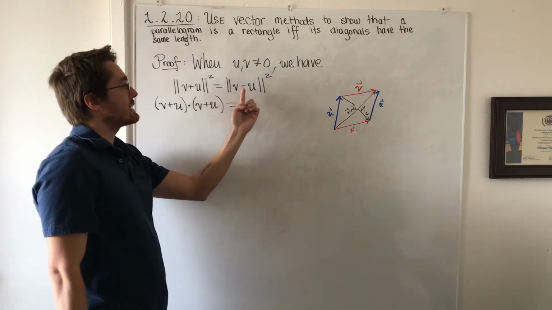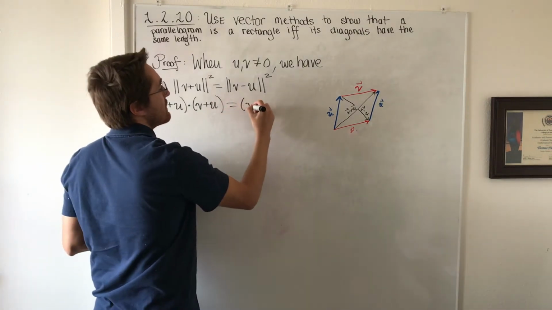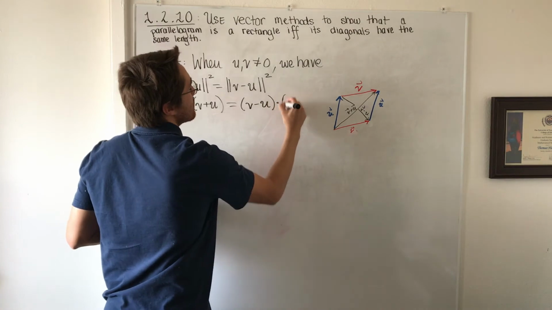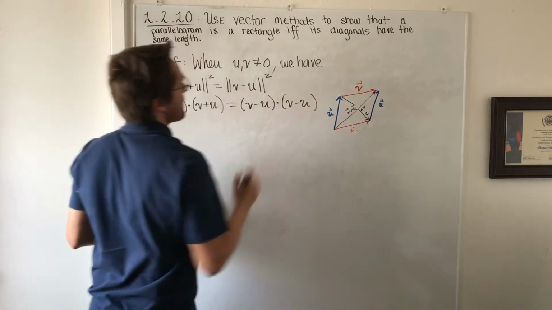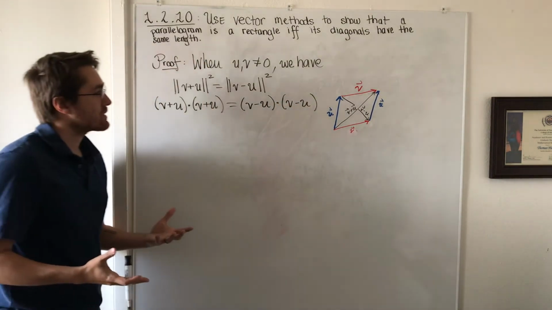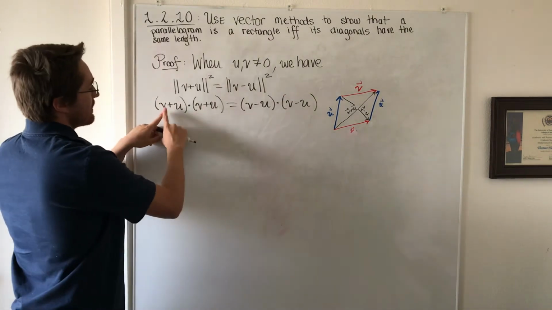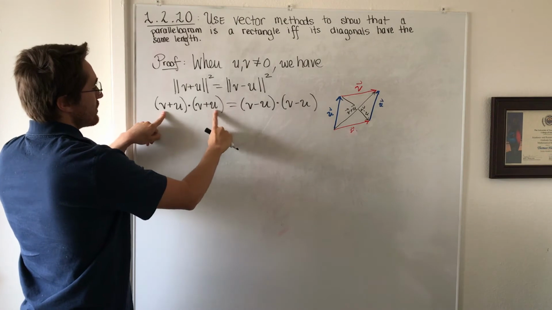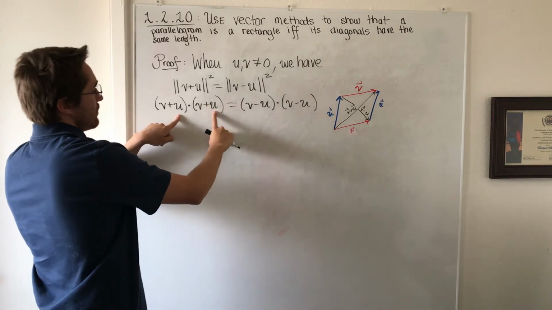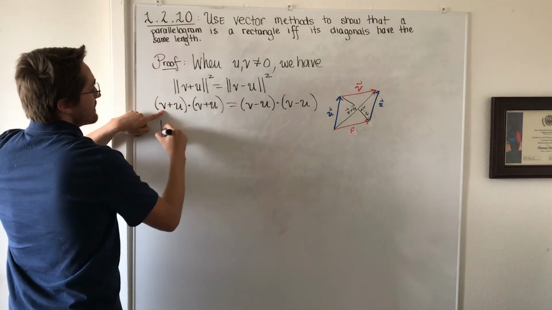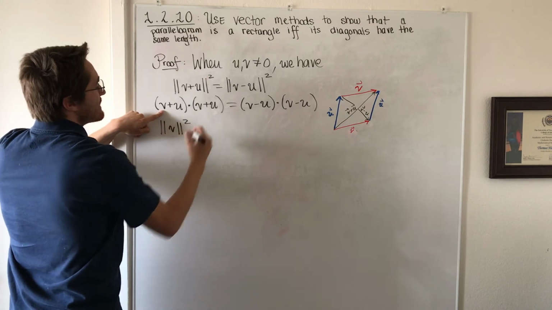Equals, okay, same thing goes here, so we're going to have v minus u dotted with itself, right? And now dot products, they're linear, right? So I can do v dotted with v, v dotted with u, u dotted with v, u dotted with u. So v dotted with v is going to be the norm of v squared, right?